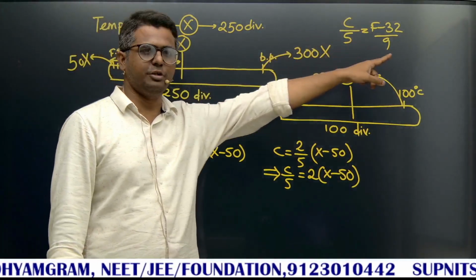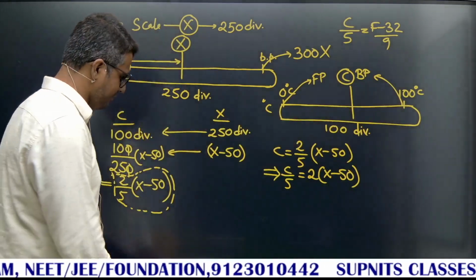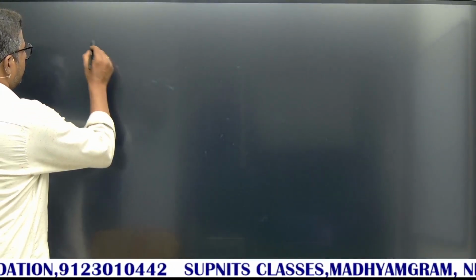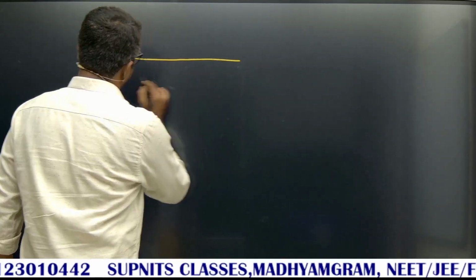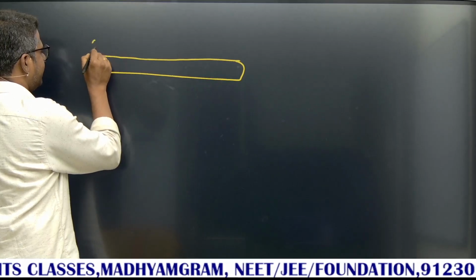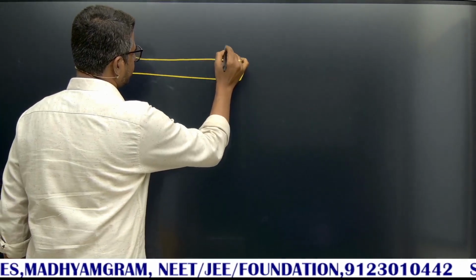C by 5 is equal to F minus 32 by 9. Here there is a Celsius scale. It is starting with 0. It is 100.